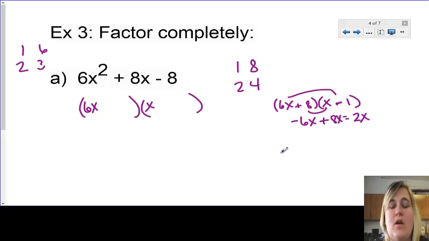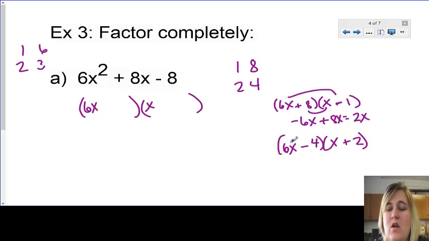Let's try 2 and 4. So we'll put my 6x back, my x, and if I take 6 times 4, that's going to be 24. That's too big. So let's put the 4 here and the 2 here, and we'll make this one a positive and this one a negative. So if I go here, whoops, that's not what I wanted to do. I wanted to go all the way over because I'm trying to find the middle term.